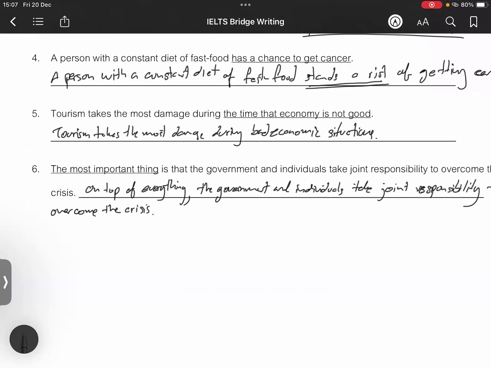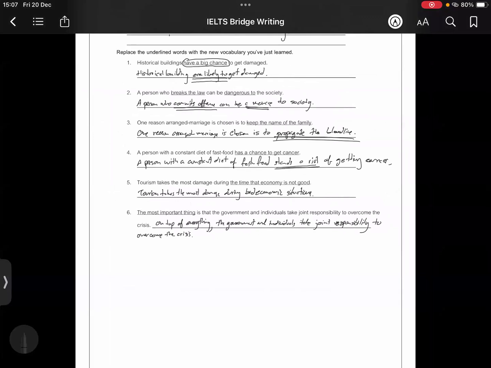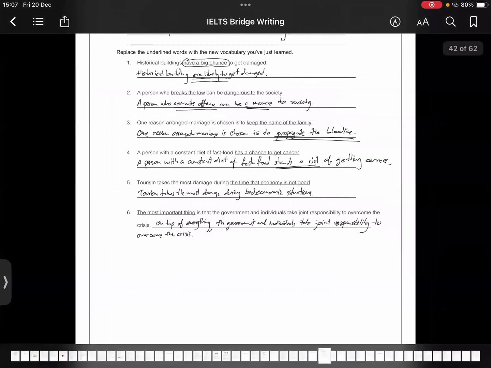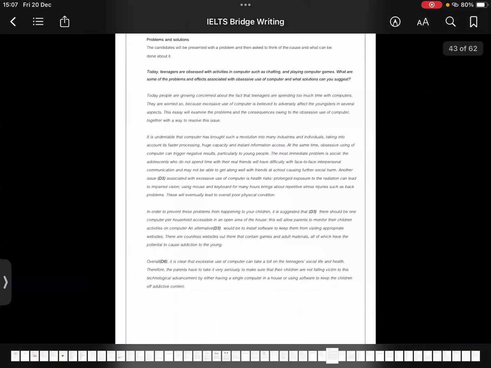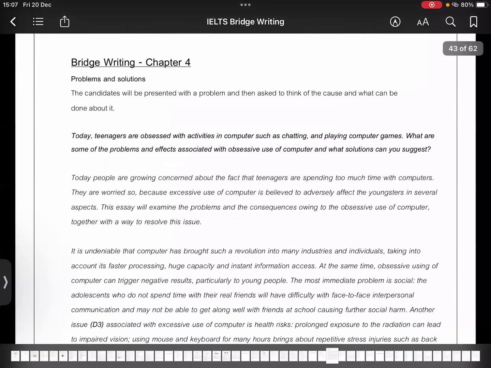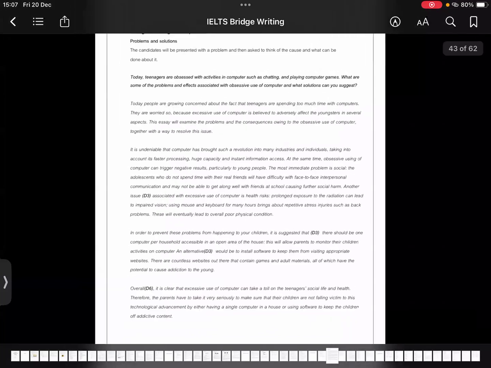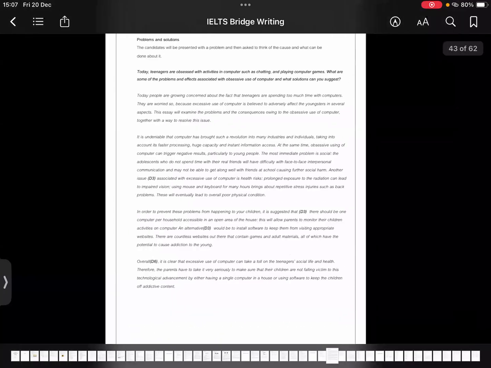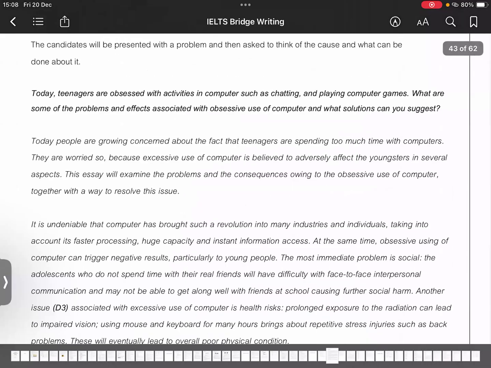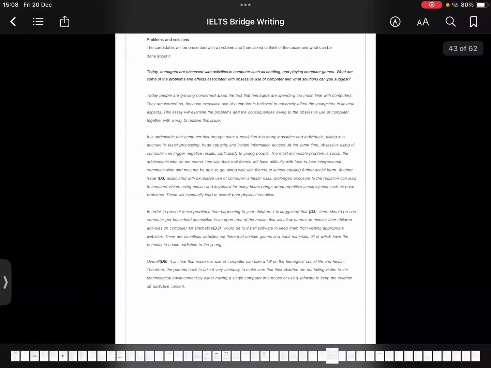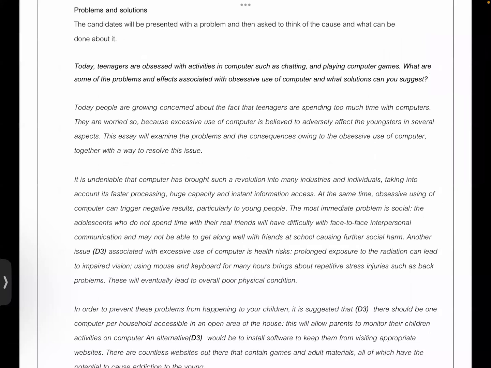All right. Okay, so that's it. Let's move on to the next page. Okay, so now we're going to be looking at problems and solutions. So problem and solution is slightly different from argument essay in that you don't really have to give your opinion.